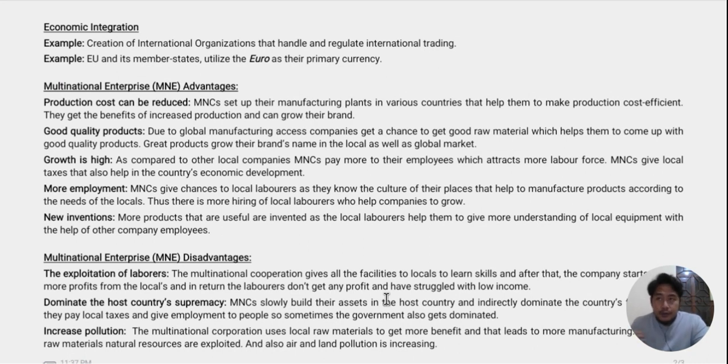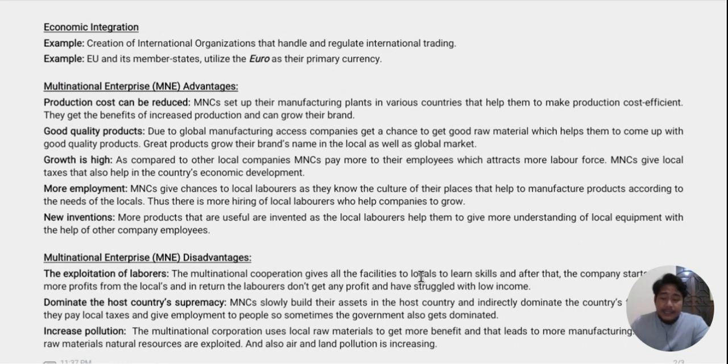So there's really no room, or there's limited room for the improvement of wages or salaries. So in that sense, the exploitation of laborers is possible on a multinational enterprise setup.